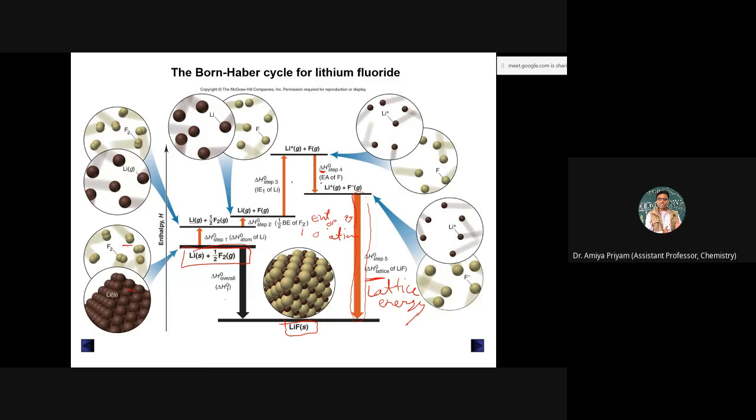So Hess's law is valid. Energy consumed in this cycle that we have taken, multiple steps, should be equal to this one step that we are showing by black arrow.